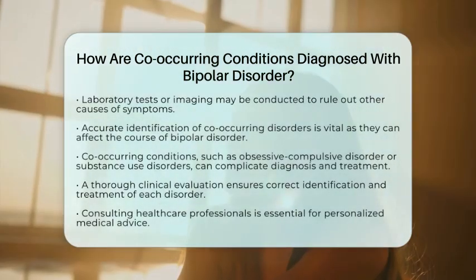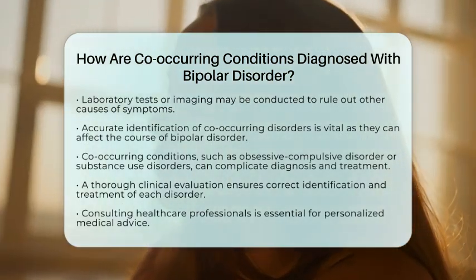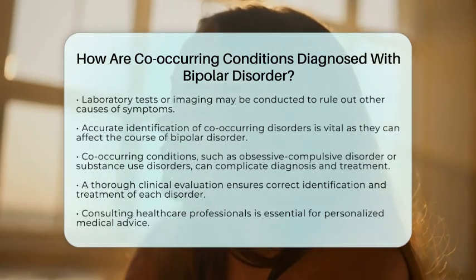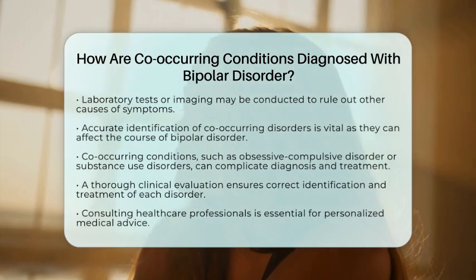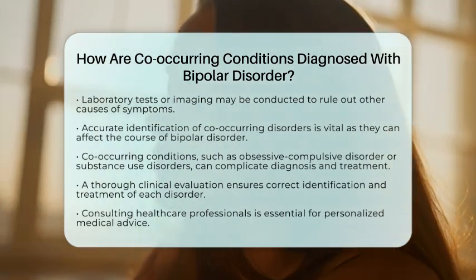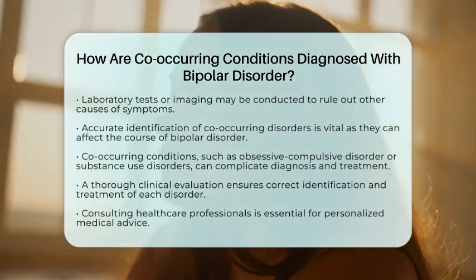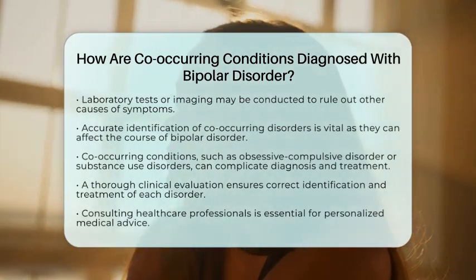In summary, diagnosing co-occurring conditions with bipolar disorder involves a thorough clinical evaluation by a licensed mental health professional. It requires the use of established criteria to differentiate bipolar disorder from other psychiatric diagnoses. Careful differentiation of overlapping symptoms is achieved through detailed patient history and clinical interviews.